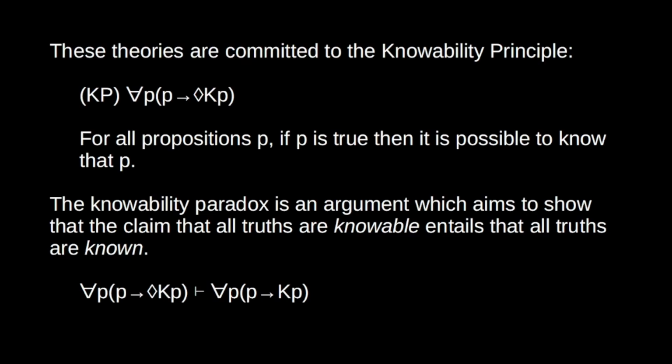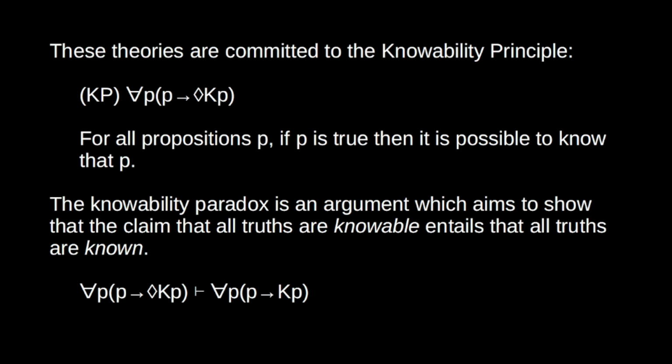And the knowability principle says that for all propositions P, if P is true, then it is possible to know that P. So I've written this out in a more formal language there. The upside down A symbol means for all.